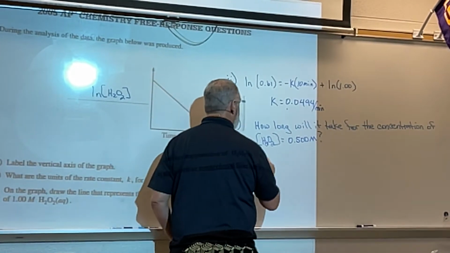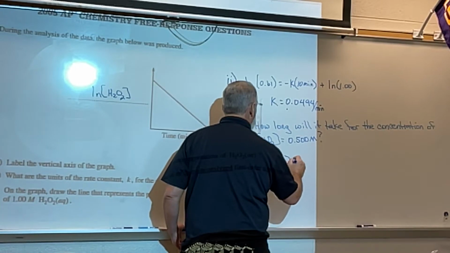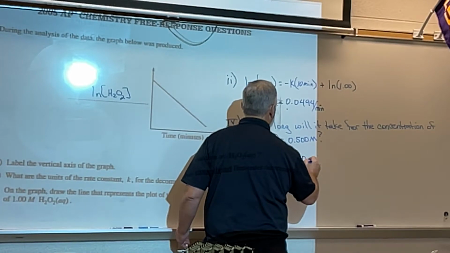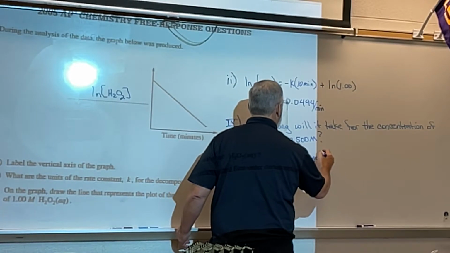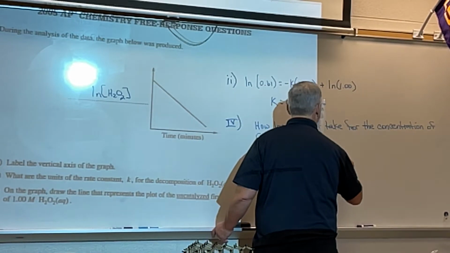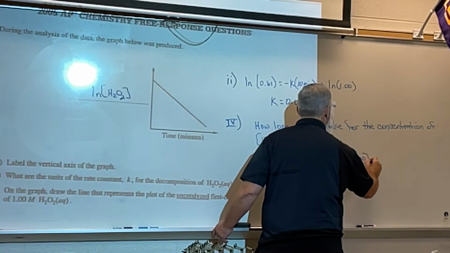So I'm going to say the natural log of 0.5 is equal to negative K, I already know K now, 0.0494, times time, which I'm looking for, plus the natural log of 1.